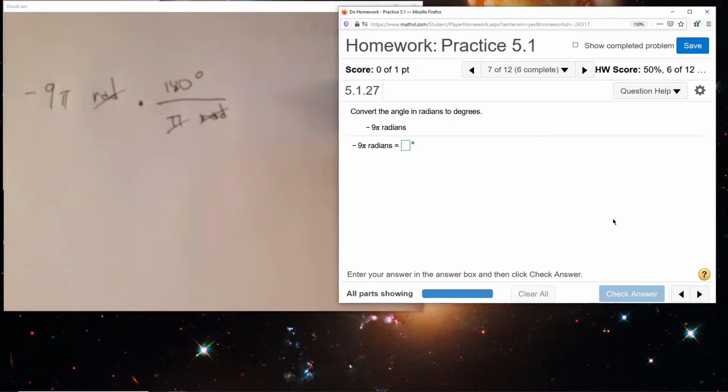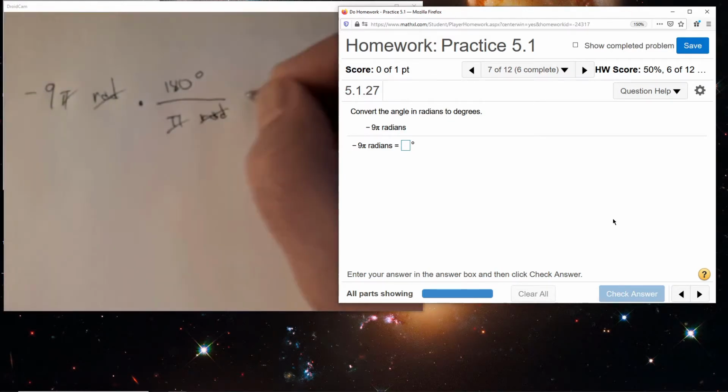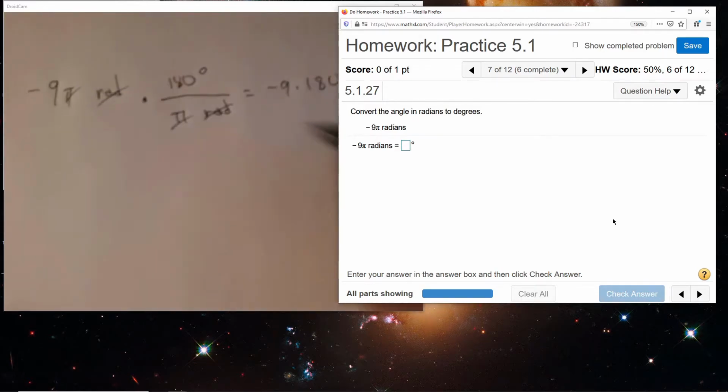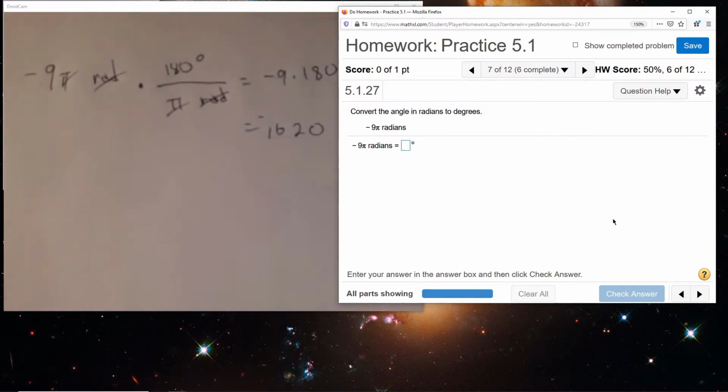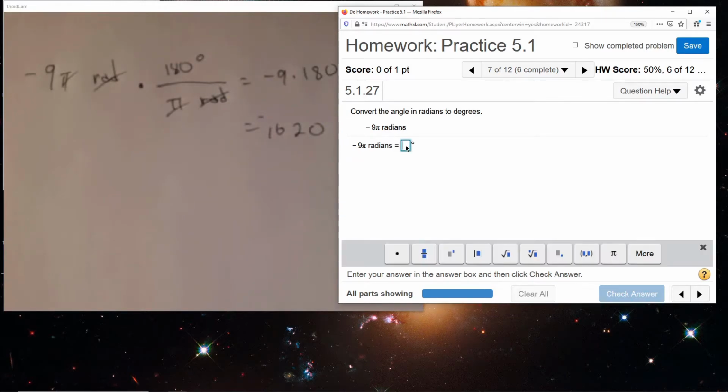The pi also cancels here. And so we're just left with minus 9 times 180. And what does that get us? It'll get us a 0, a 2, a 6, and a minus 1620.